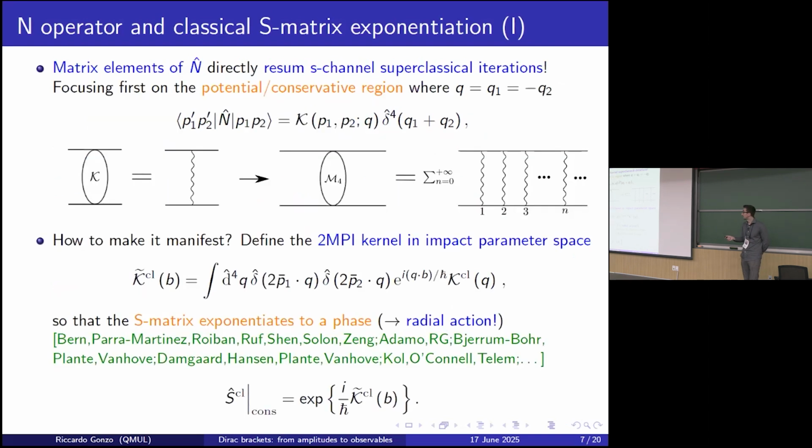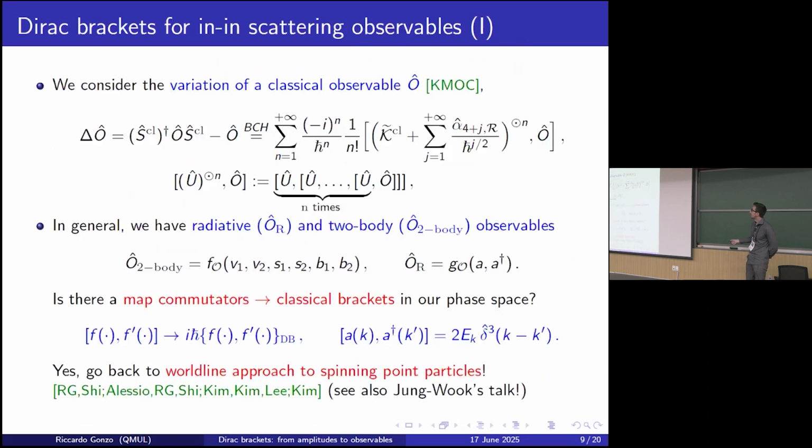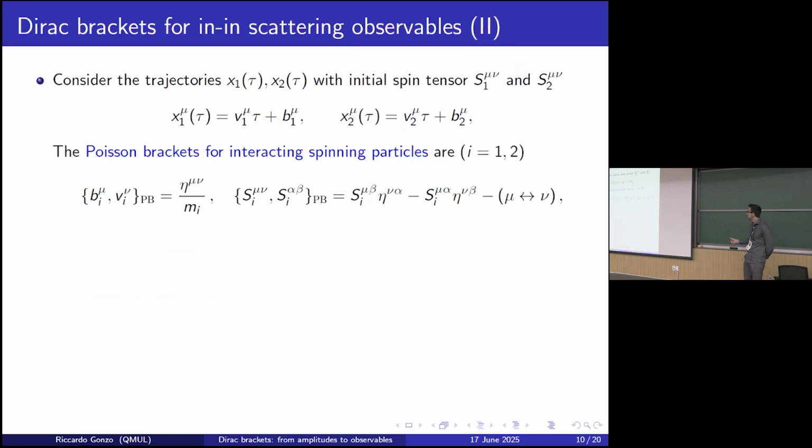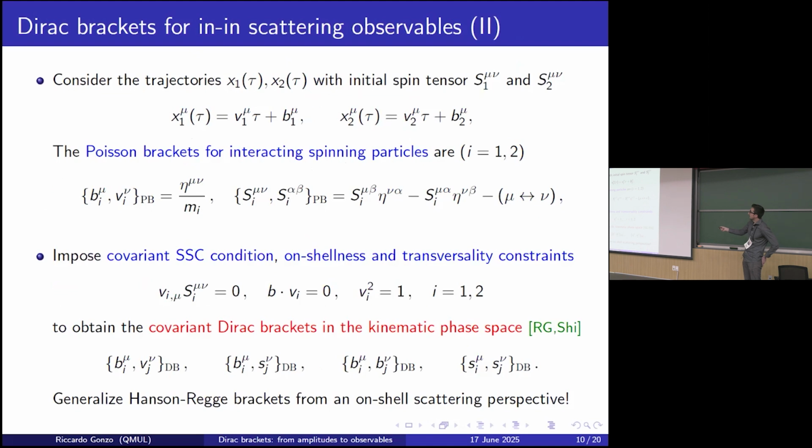It is one of the 2 major conditions that allows you to turn these Poisson brackets into Dirac brackets. That's what we developed with Sangmin last year. And this generalized the Alessio-Di Vecchia-type brackets from the people in the EFT community, from an on-shell scattering perspective.